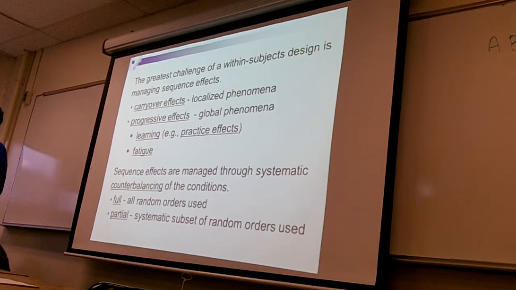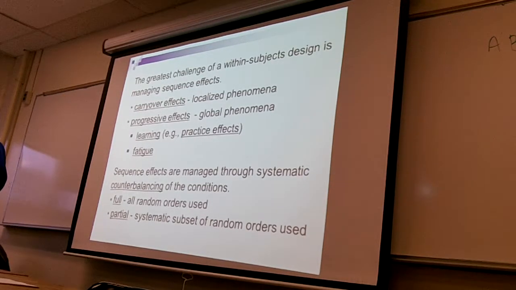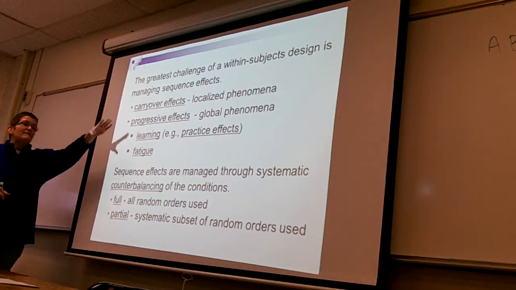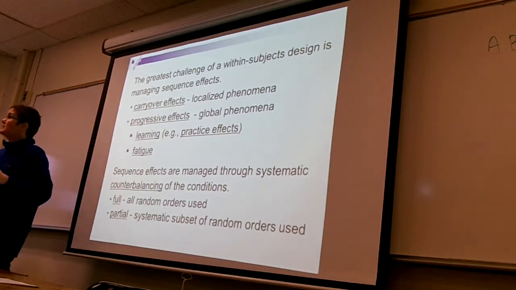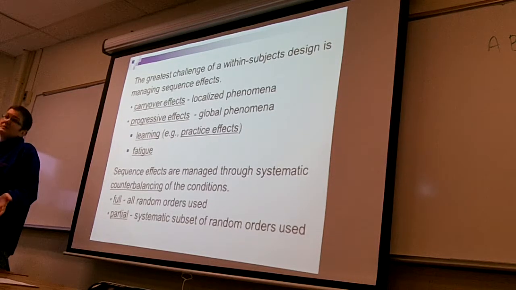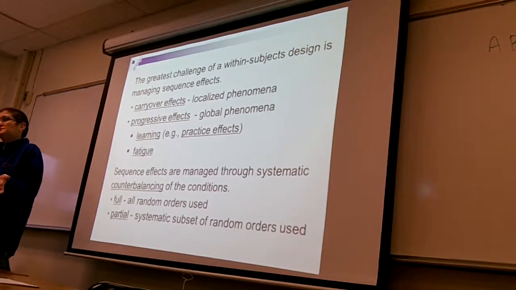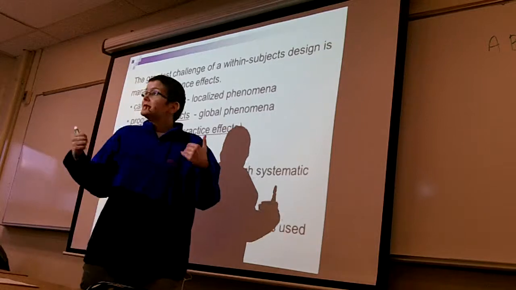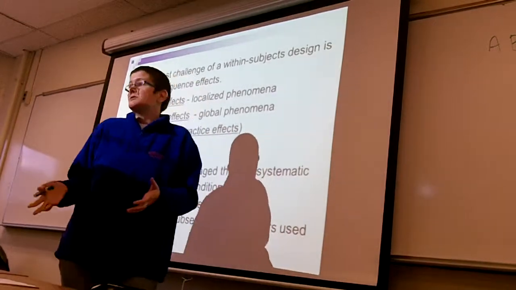Because we want to make sure that any sequence effects that might be present can get canceled out. So some people might experience the first condition first, and some people might experience the second condition first, and some people might experience the third condition first.